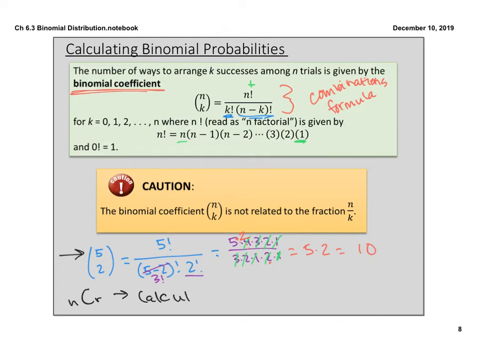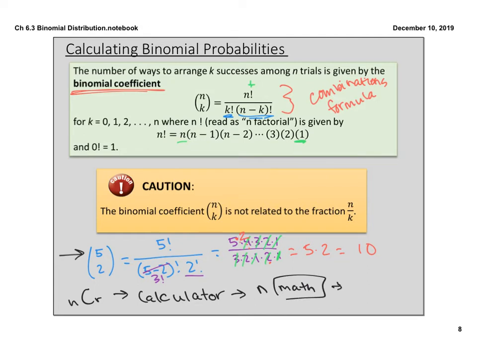When you are trying to do the combination of something on your calculator, here's what it looks like. Your keystrokes would be, you type in your N. Then you hit your math button.